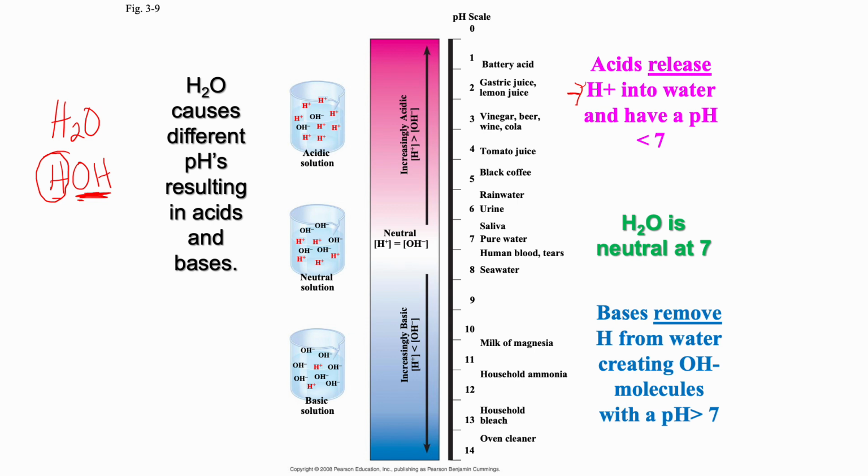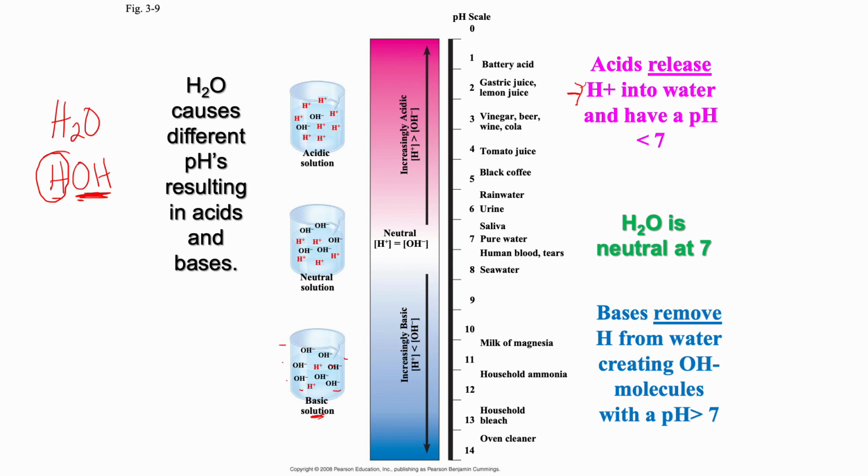So if you look at the picture, if you have a lot of OH values, see all the OHs in the beaker, that's indicating this is a base. Something like bleach, milk, oven cleaners. If you've ever had cleaner on your hands, you know that soaps and bleach feel very slippery. Those are bases.